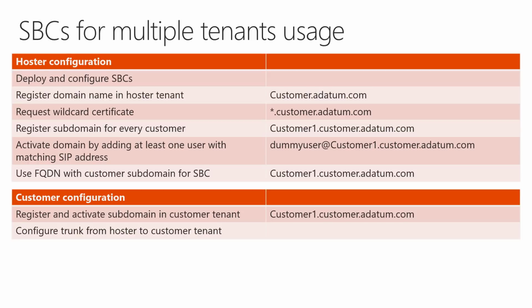Now they're going to request a wildcard certificate, *.customer.adatum.com, so that any subdomains that we are now going to create for each of the customers will match against that certificate. And now we're going to register subdomains for every customer. So for the first customer, we will register customer1.customer.adatum.com, and this will match against the wildcard certificate.